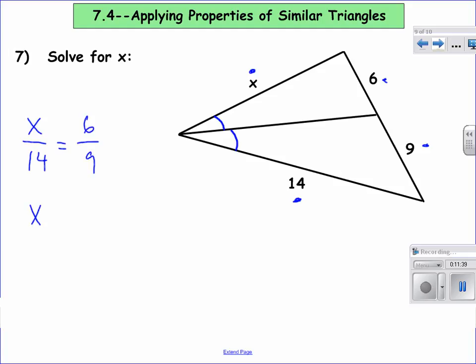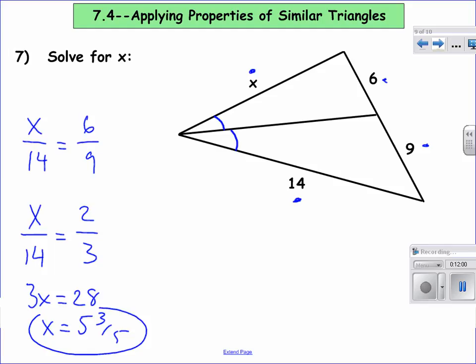Well, again, I'm going to make my math life a little bit easier. So x is to 14 as 2 is to 3. Just simplifying the right-hand side. And I get 3x equals 28. x is 5 and 3/5, 28 over 5. Okay.